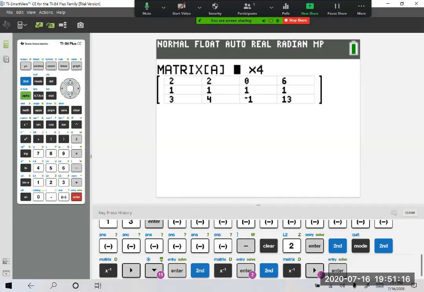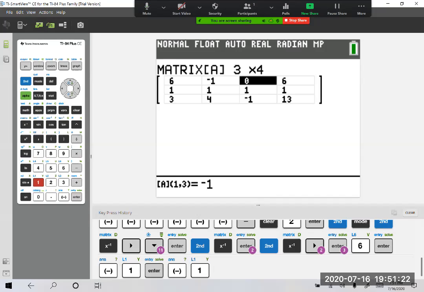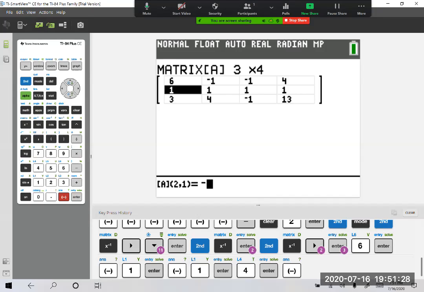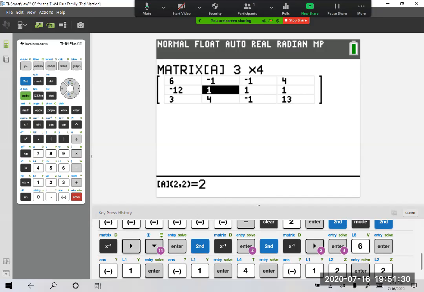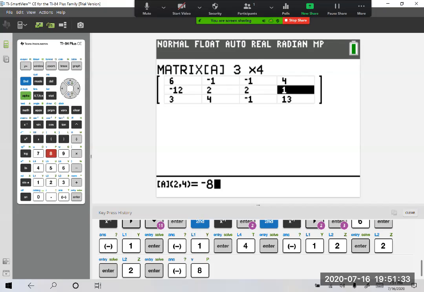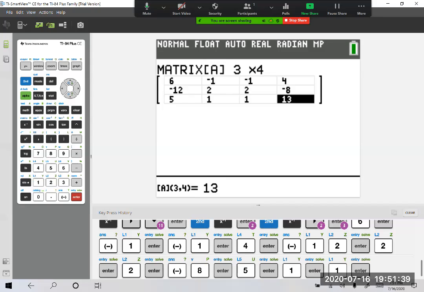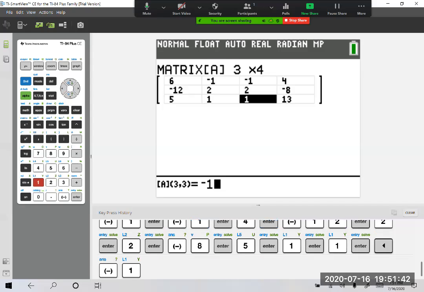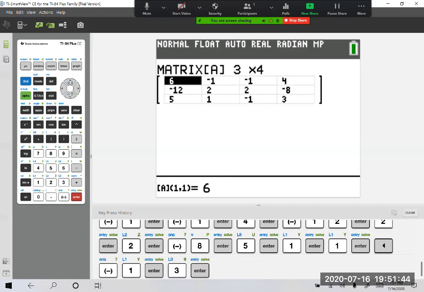This new matrix is still 3 by 4, but it's now 6, negative 1, negative 1, 4, negative 12, 2, 2, negative 8, and then 5, 1, negative 1, and then 3. So hopefully I entered it in right.